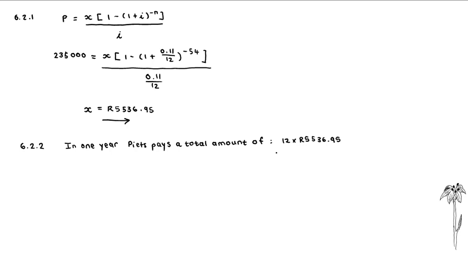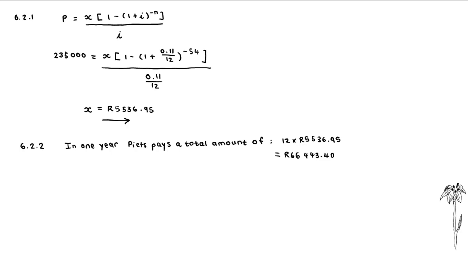So in 1 year, Pete has paid 66,443.40. Right, now we need to figure out how much of this actually went into paying the loan.